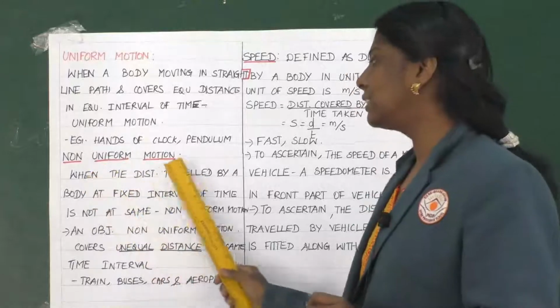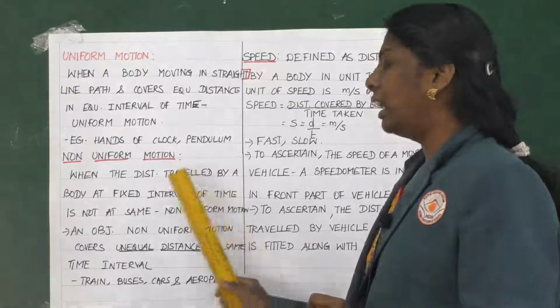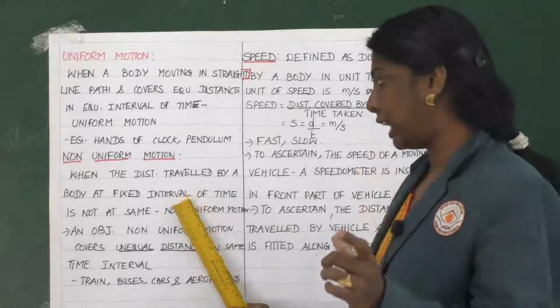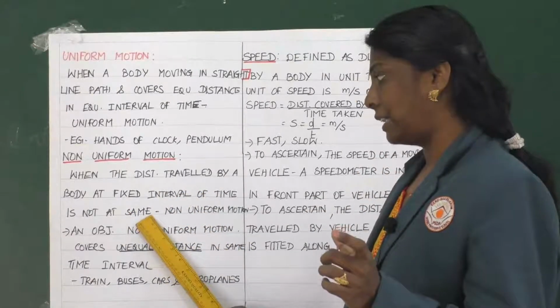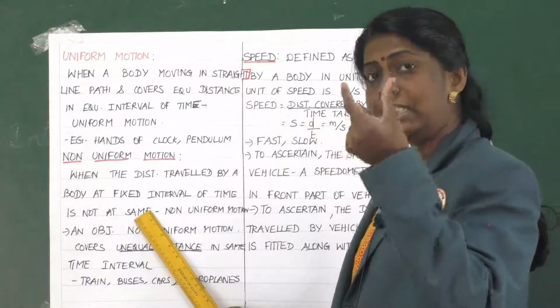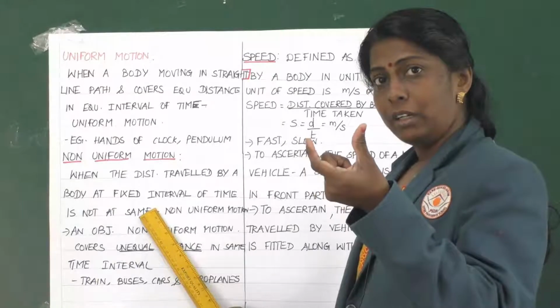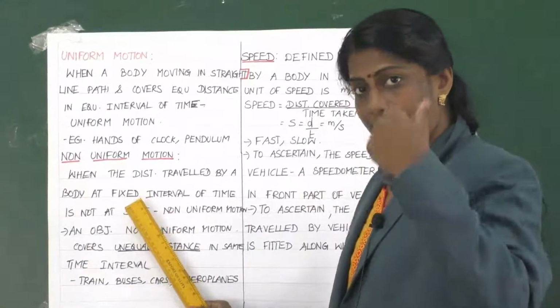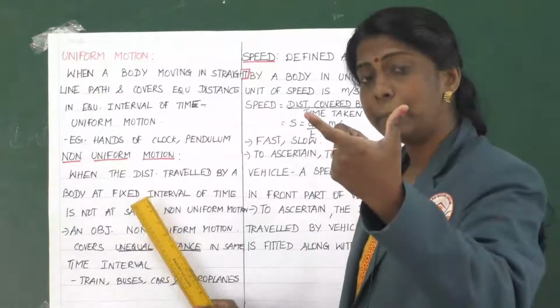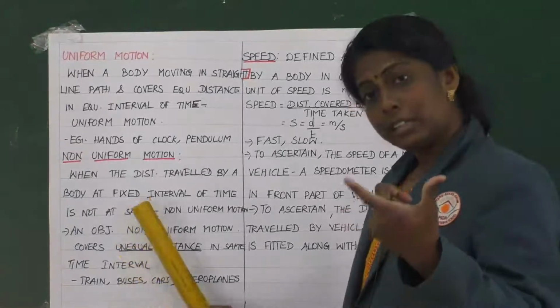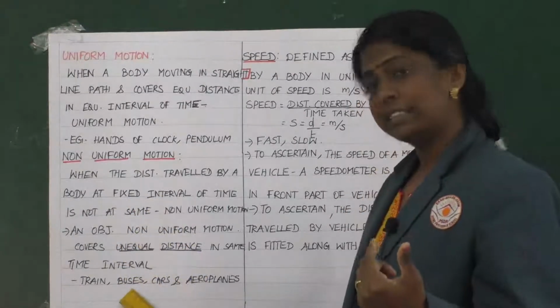When the distance traveled by a body in a fixed interval of time is not the same. Say for example, 20 minutes. Within these 20 minutes, a car can travel 100 kilometers. Within these 20 minutes, a bus can travel 100 kilometers.